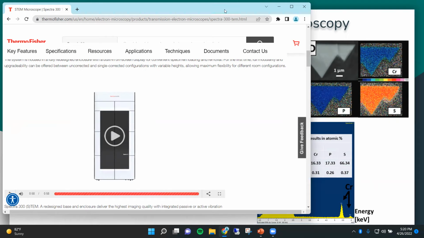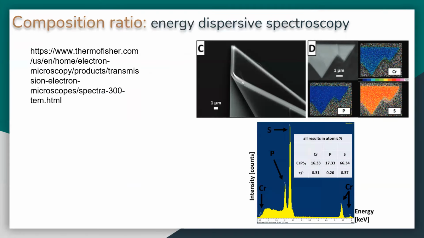And also its topography, which are surface area features and how it looks in terms of texture, and its composition, which is the elements and compounds of the sample, along with the relative ratios in areas around 1 micrometer in diameter.